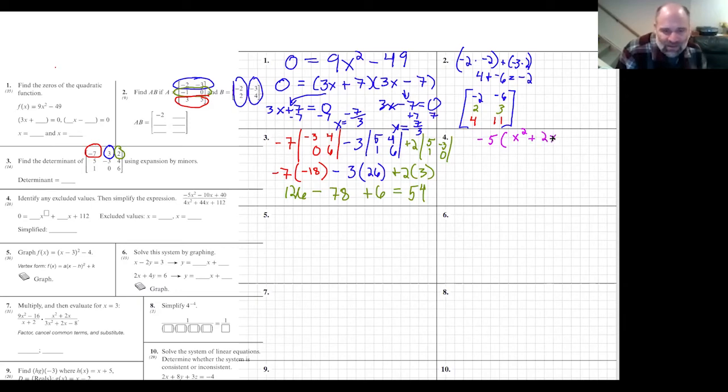So I have a positive 2x minus 8, because take a -5 out of positive 40 and you get that. It's just a pain when you have a negative x squared term, so make sure you end up with that. I'm going to take a 4 out of the bottom. So you get x squared plus 11x plus 28.